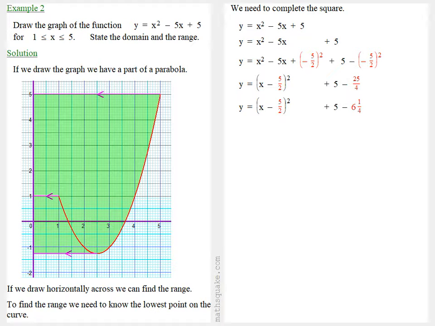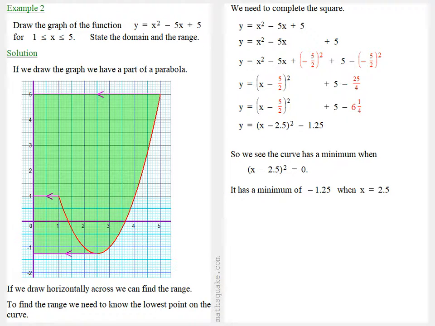So we've got y equals x minus 5 over 2 all squared plus 5 minus 6 1/4, and we can write that as y equals x minus 2.5 all squared minus 1.25. Now we can see that x minus 2.5 squared is always greater or equal to 0, so y is always greater or equal to minus 1.25.